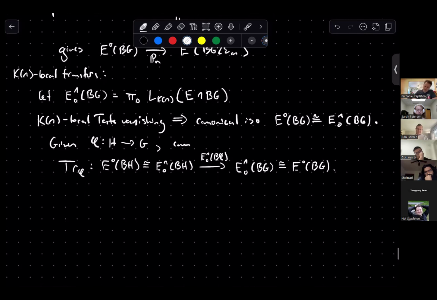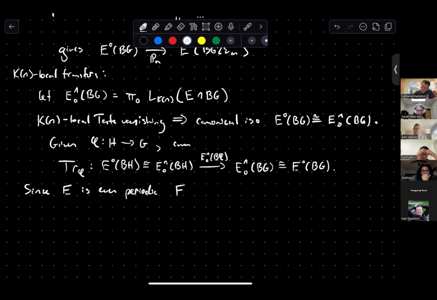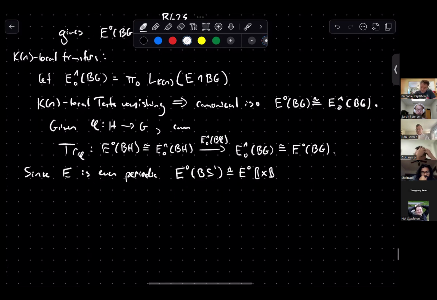So further, since E is even periodic, we have a complete understanding of the cohomology of CP infinity or BS1. This is just the coefficients, double brackets, X. And this just follows from the collapse of the Atiyah-Hirzebruch spectral sequence in this case.